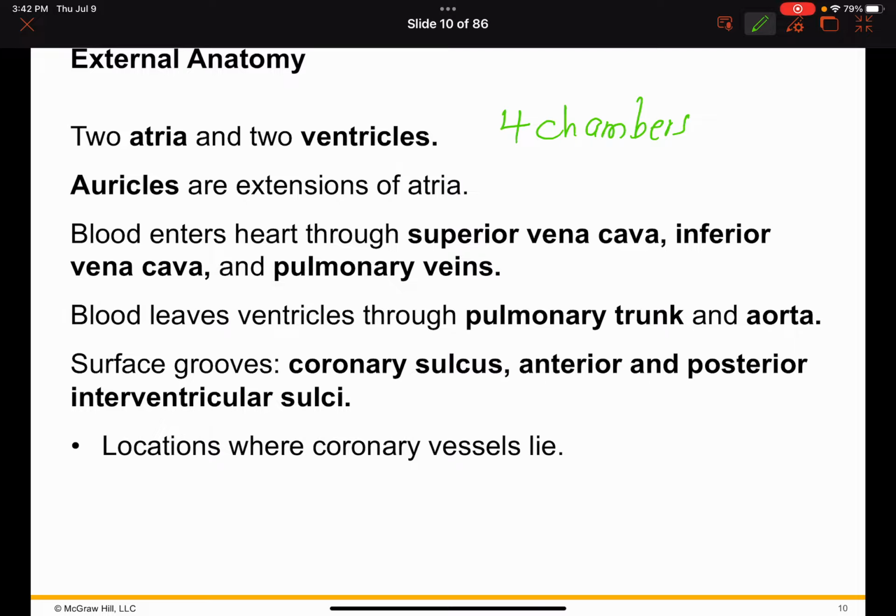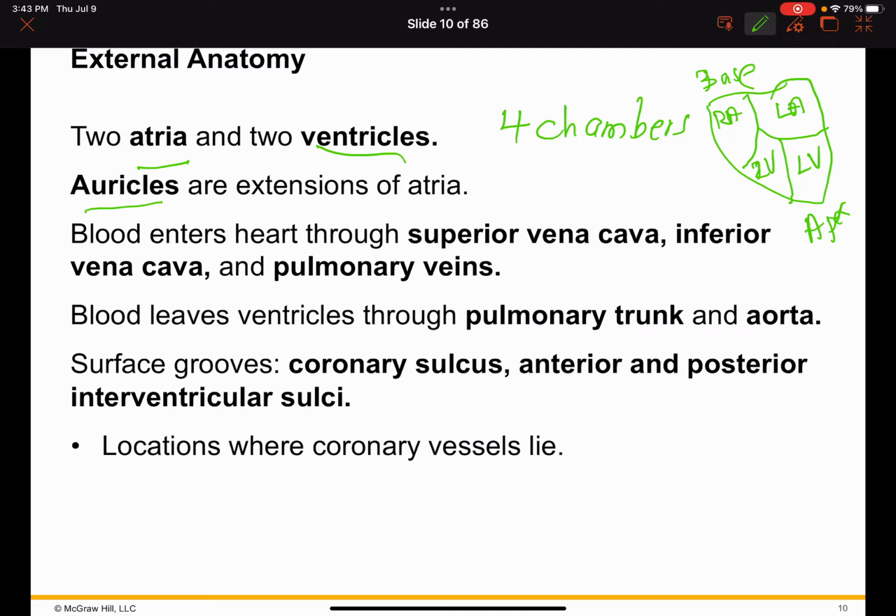Think about this as the heart: base, apex. So this is what? This is the right atrium, left atrium, right ventricle, left ventricle. So two atria, right and left, and two ventricles.